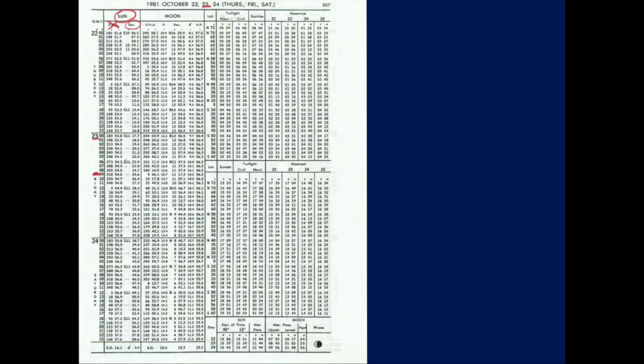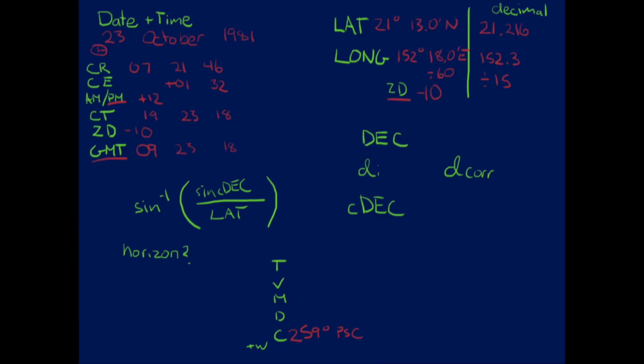Declination, south, 11 degrees, 0900, that's 25.6. Okay, now we can go back, write down our declination, south, 11 degrees, 25.6.